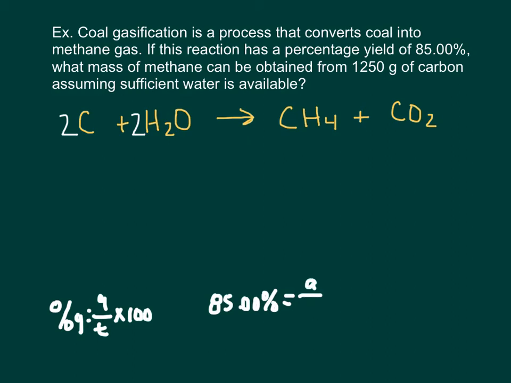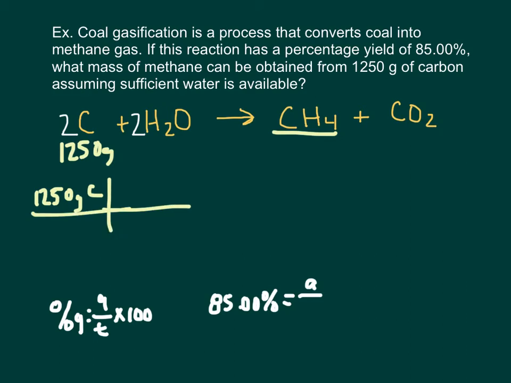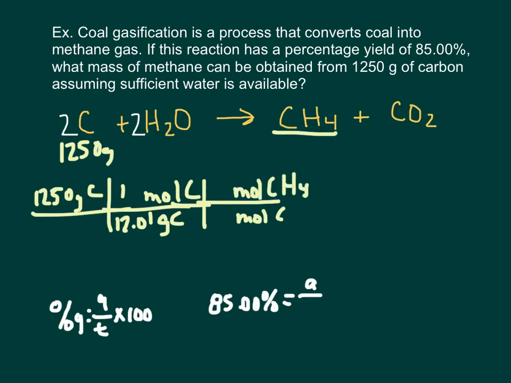Theoretical goes like this. It starts out with 1,250 grams of carbon, and we can figure out how much CH4 theoretically we should make. So we start with 1,250 grams of carbon, and then we do a mass-to-mass action line, grams of carbon to moles of carbon, and that's 1 mole is 12.01 grams, and then moving on, we go from moles of carbon to moles of CH4, and that's a 1 to 2 ratio, and then now we're at CH4, so we can go from moles of CH4 to grams of CH4.